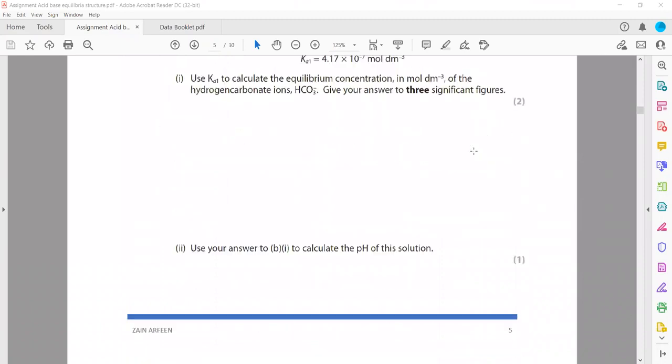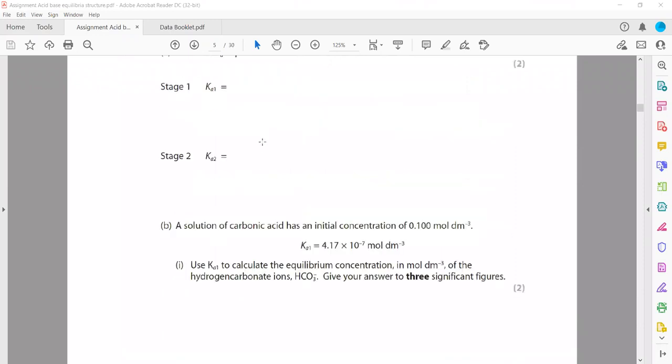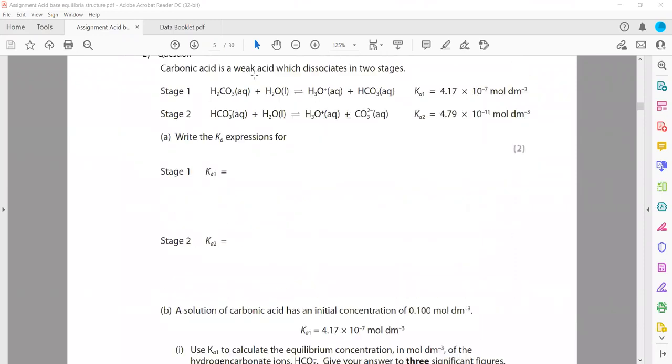So we have the value of Ka given and the expression which we mentioned here: Ka1 is equal to H3O plus times HCO3 minus, divided by H2CO3.